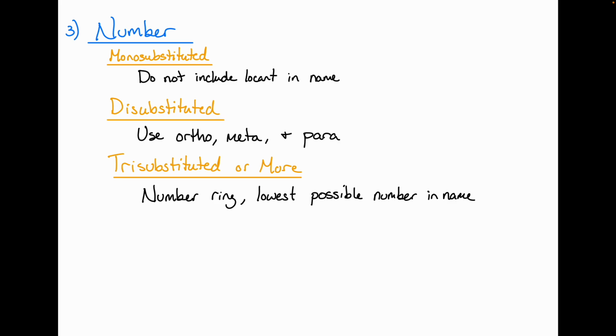In this case, our ring was all identical substituents. But if not, when we assembled that name, we would do so as we always do, in alphabetical order.